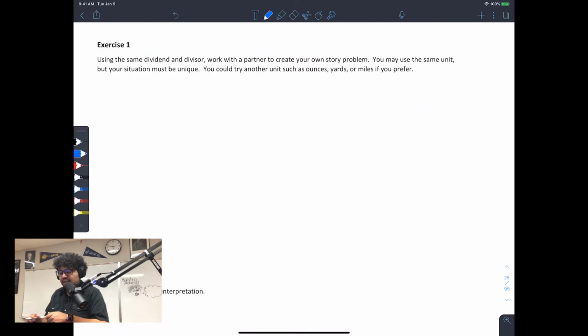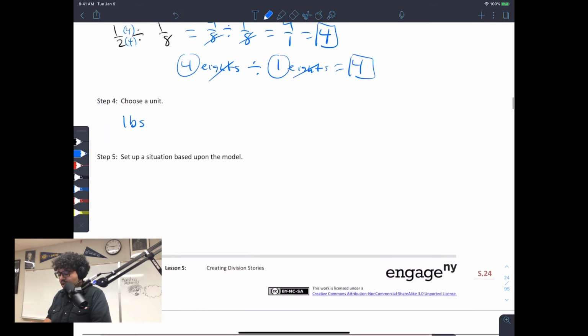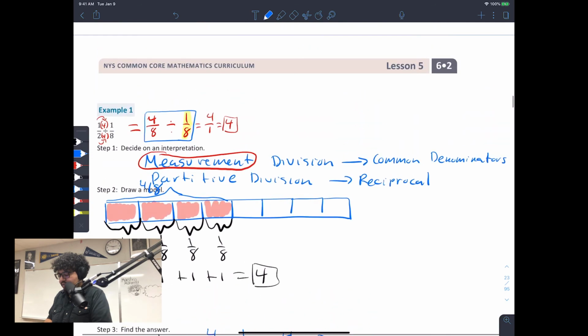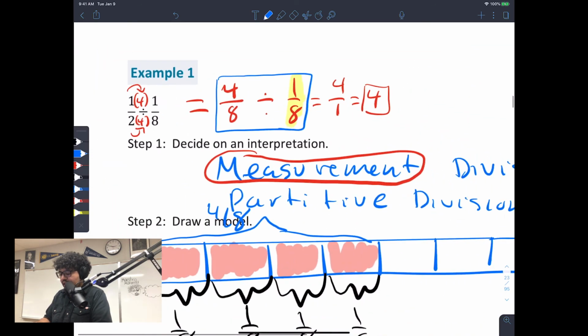Exercise 1 says using the same dividend and divisor. So dividend and divisor, in other words, using the same problem from the previous example. And that was 1/2 divided by 1/8.